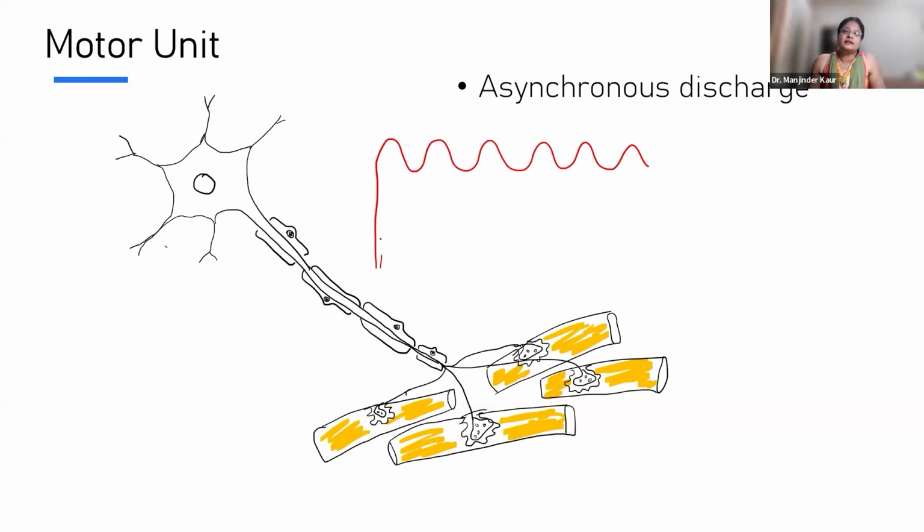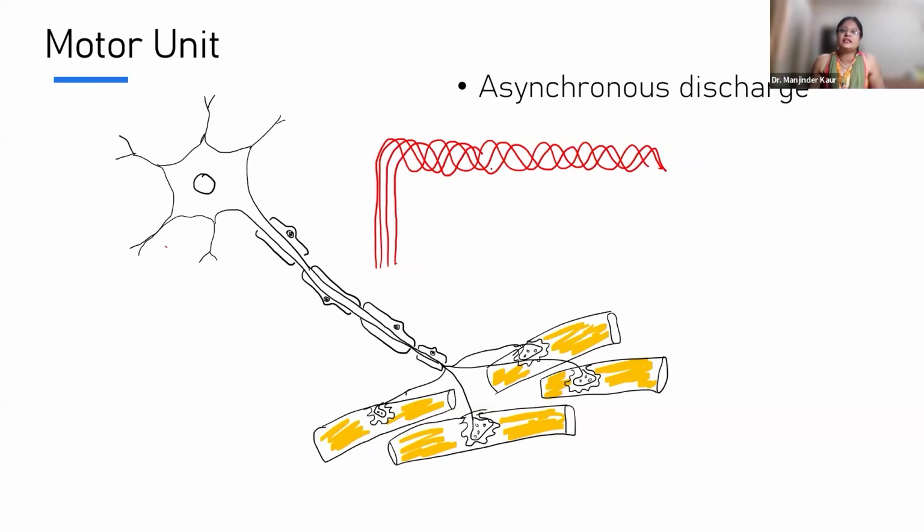Immediately, the second motor unit will be firing after a slight delay, means asynchronously, giving the contraction and relaxation just after a small delay. Then we have the third motor unit, which will again give a similar subtetanic contraction. And then we have the fourth motor unit.